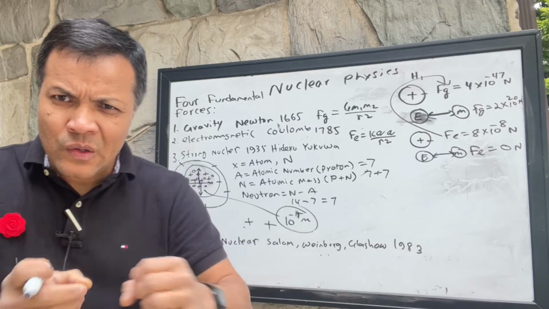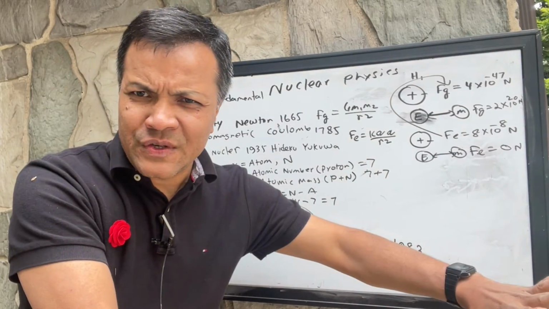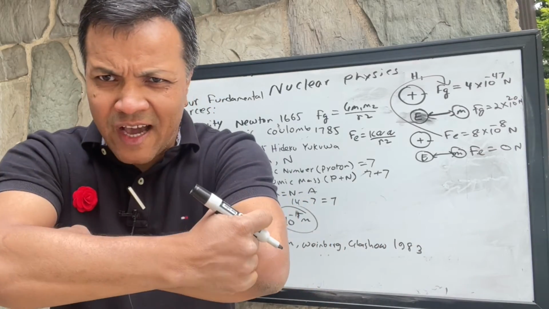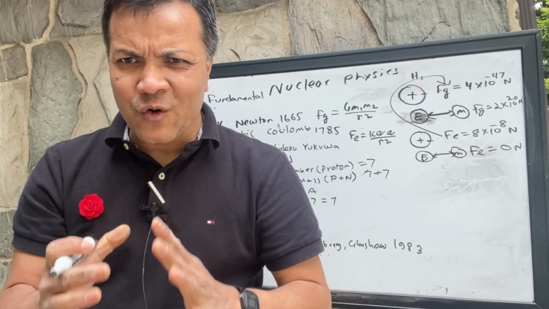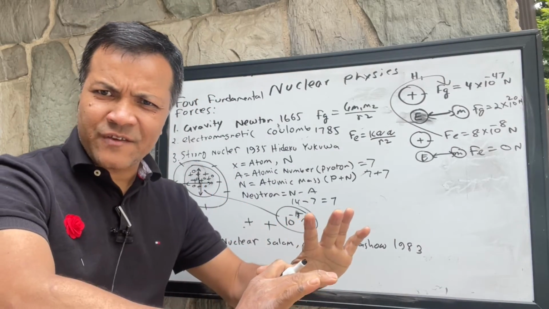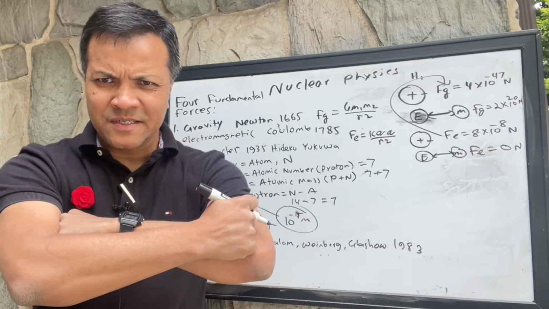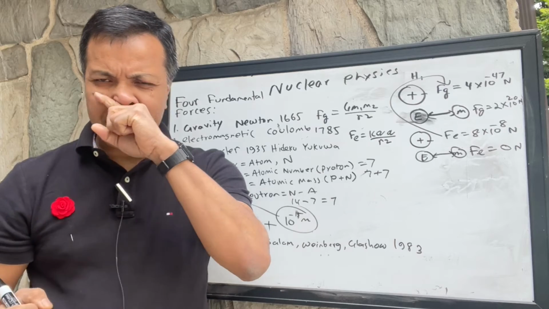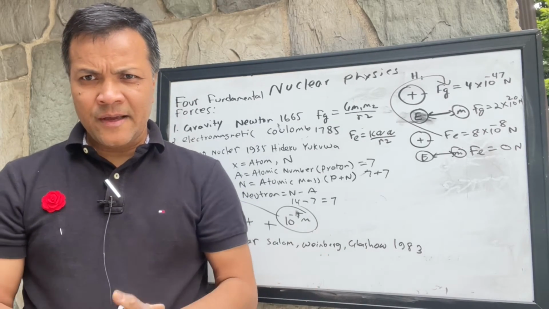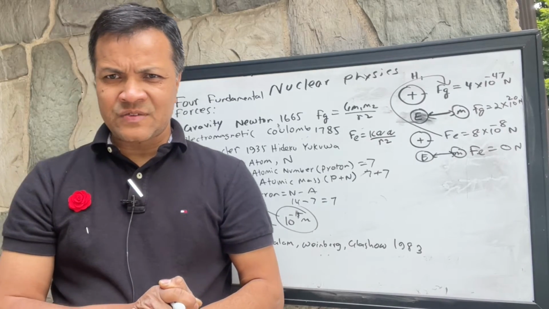How? By nuclear decay. By nuclear decay, it loses some protons and becomes smaller in size, so that the strong nuclear force can defeat the electrostatic force and hold those protons together. Follow my argument? Tricky business, but if you follow my argument, you should be able to understand it. Not rocket science.